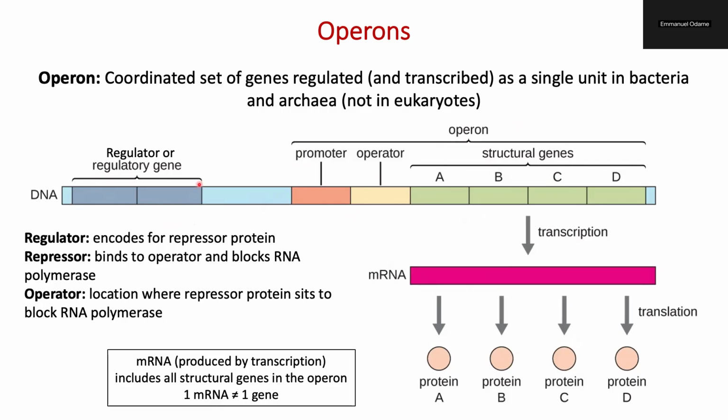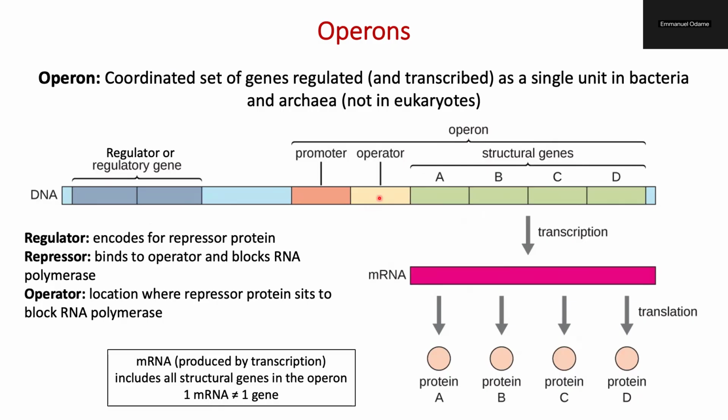So we have the regulatory gene here, which encodes the repressor protein. Then the repressor protein will bind to the operator site and block mRNA transcription, because it blocks the RNA polymerase.